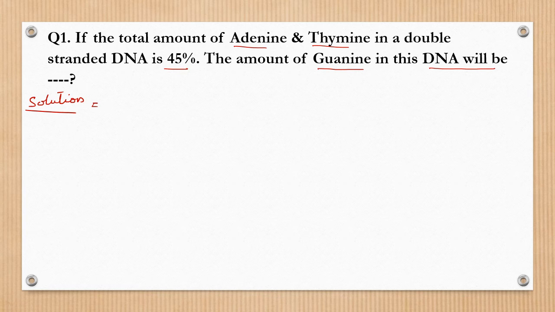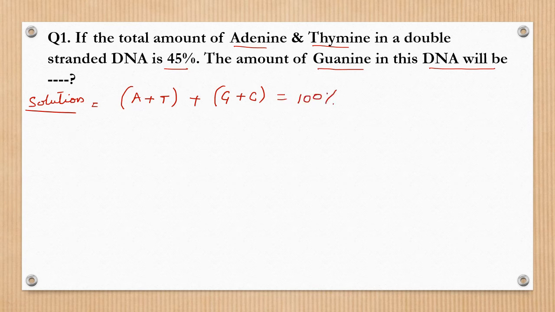So now A plus T, that means adenine always bonds with T, plus guanine bonds with C, is equal to 100%.